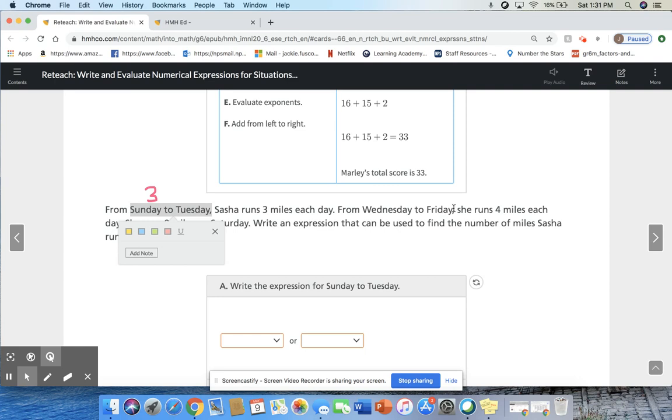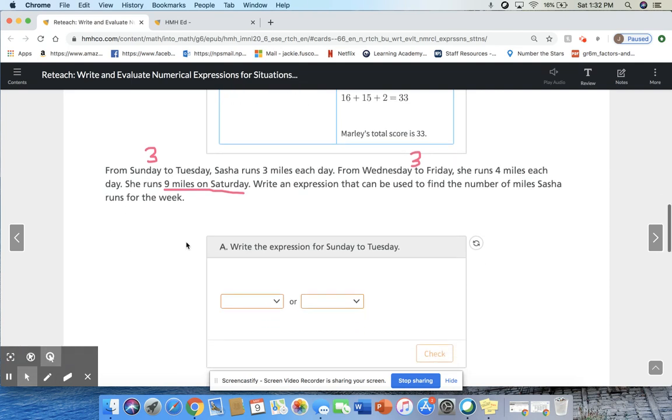From Wednesday to Friday, she runs 4 miles each day. So Wednesday, Thursday, and Friday is another 3 days that she's running 4 miles each. And then she runs 9 miles on Saturday. So that's just one day. Write an expression that can be used to find the number of miles that she runs for the week.